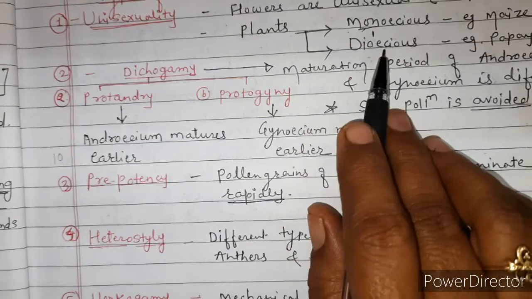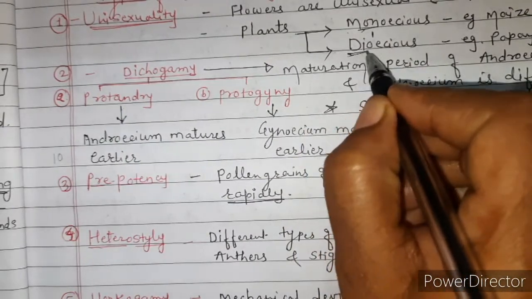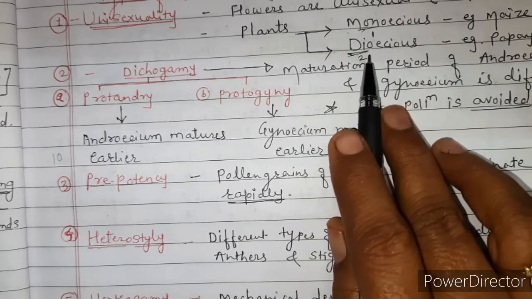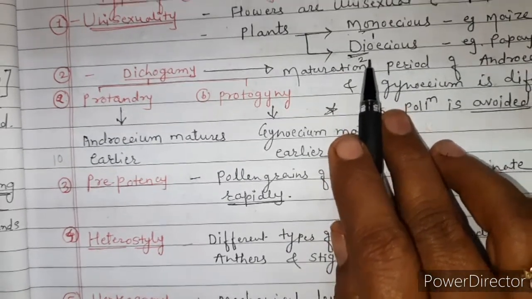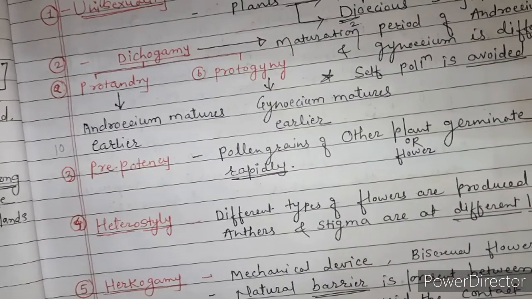Now, the second one is dioecious. In dioecious plants, we know di means two. So, there is a male flower and a female flower.